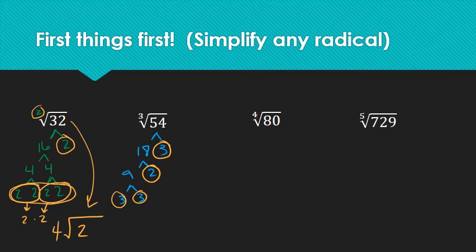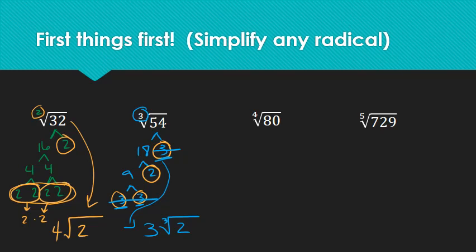And I want to pull out, this time, groups of 3. So I'm going to take this 3 and this 3 and pull them out as 1 3. Since it's a match of 3's, I'm going to take it out as 1 that goes on the outside, and then my leftover is going to go under the cube root. So that would be the cube root of 2.